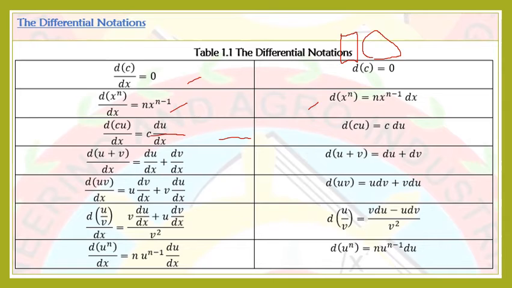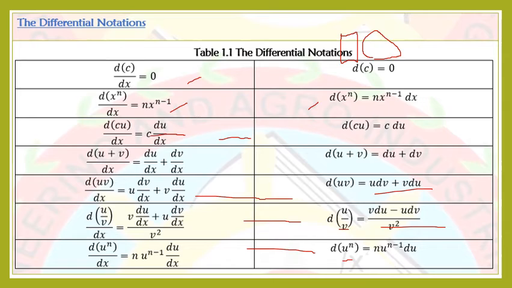Then the same with this, derivative of u plus v with respect to x is du over dx plus dv over dx or du plus dv. So ito class equivalent lang talaga yan. Okay? So kung multiplication naman, product rule. Kung division, ibig sabihin quotient rule. Kung eto ganito, chain rule yung gagamitin.